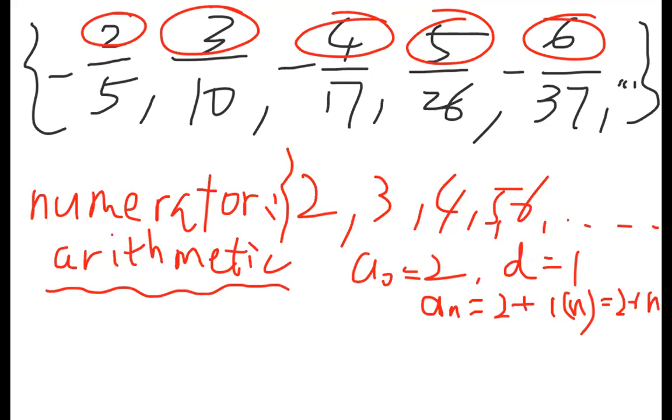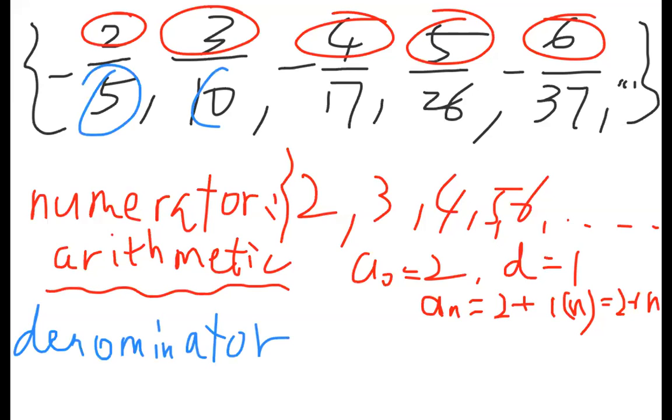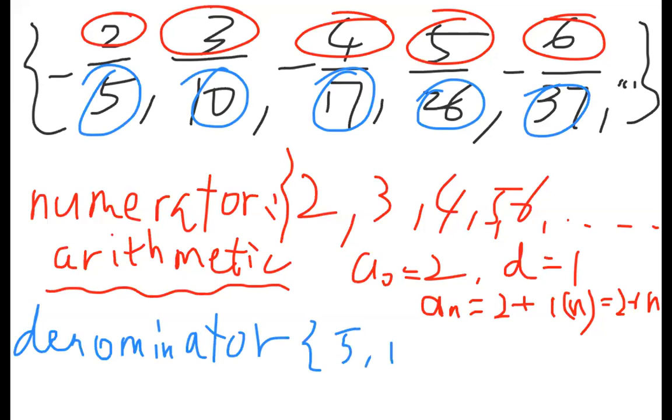Now let's look at the denominator. 5, 10, 17, 26, and 37. For this case, it's a little bit hard to spot.